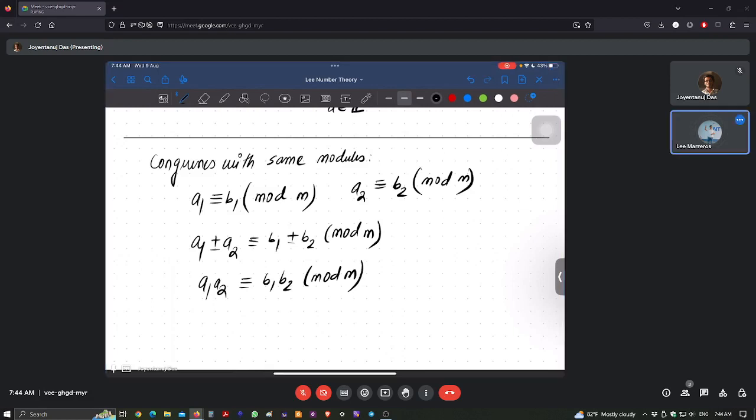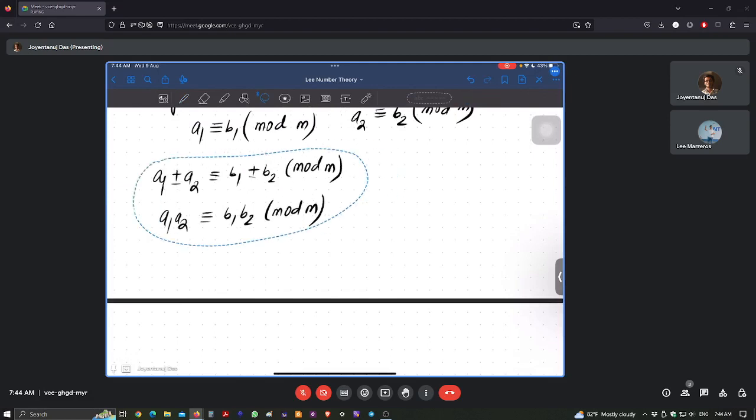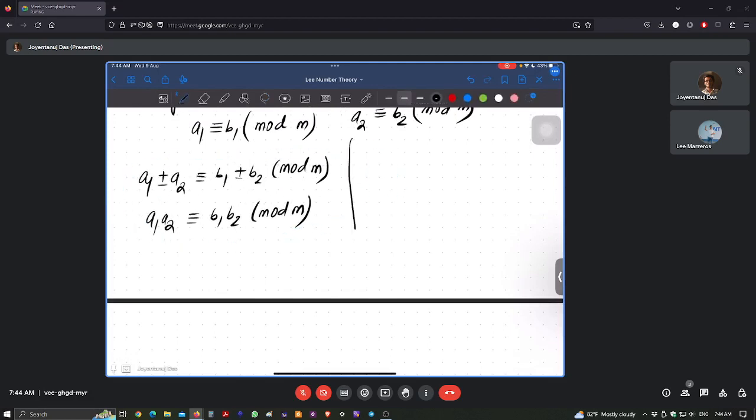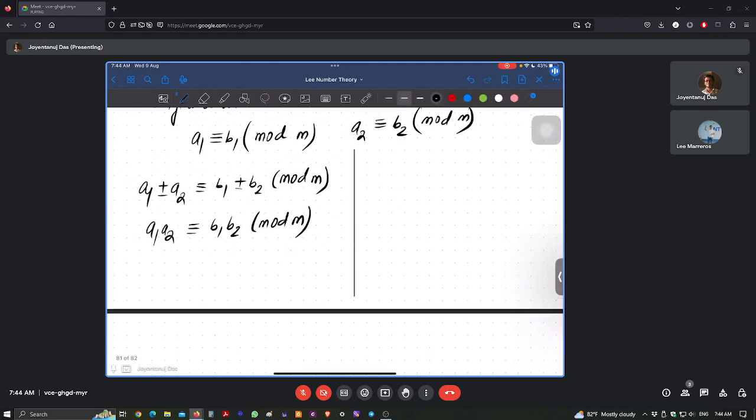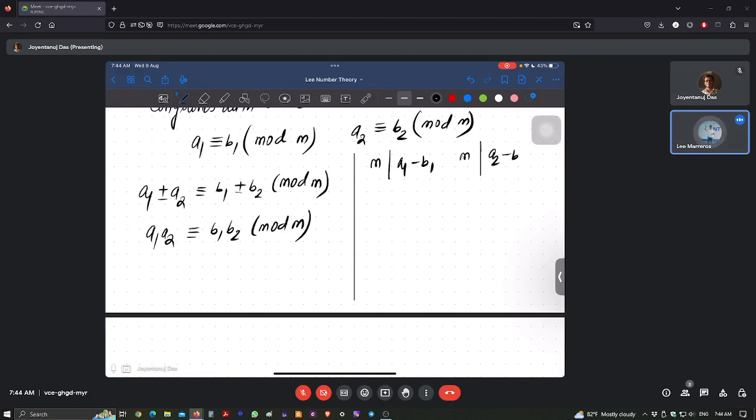Why it is working, let us see. From the first equation I have that M divides A1 minus B1, and from the second one A2 minus B2.